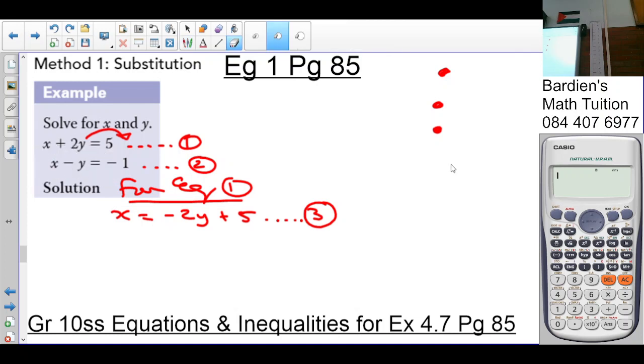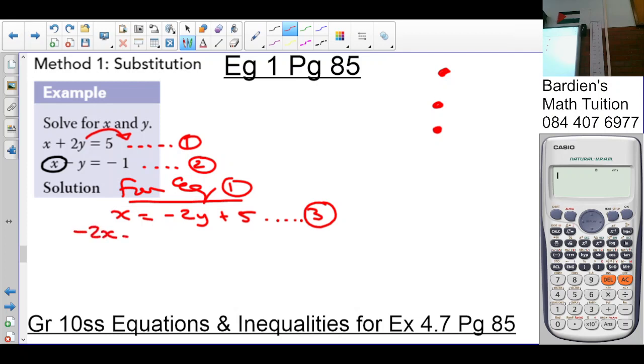So, let's go with that. So wherever I now see an x in equation 2, I replace it with negative 2y plus 5. You guys understand? So do the substitution quickly. Okay. What is x? Negative 2y plus 5. So what is it going to read now?